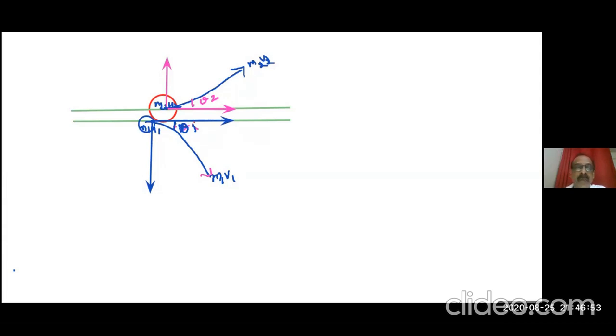And the object m2 is traveling with a velocity v2 at an angle theta 2 with x-axis.